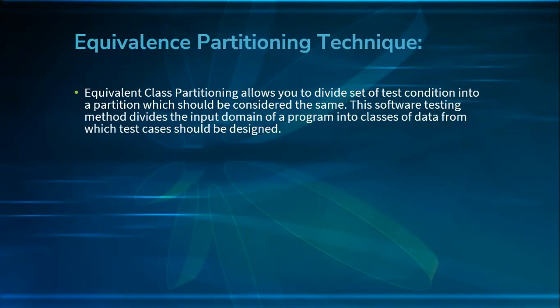So what we are going to do now is I'll give you examples for you to be clearer. Equivalent, equal. That is what equivalent partitioning is, equal partitioning. So it divides it into the same places.